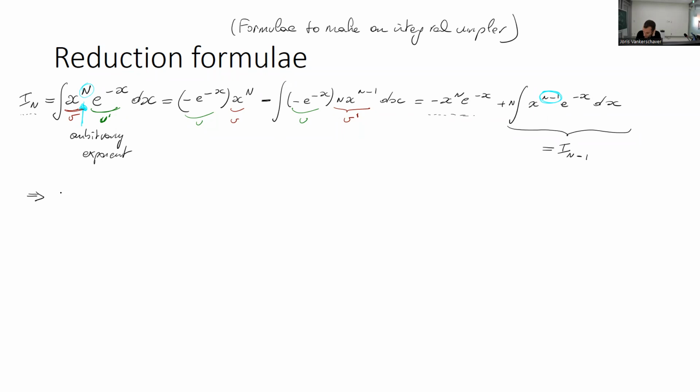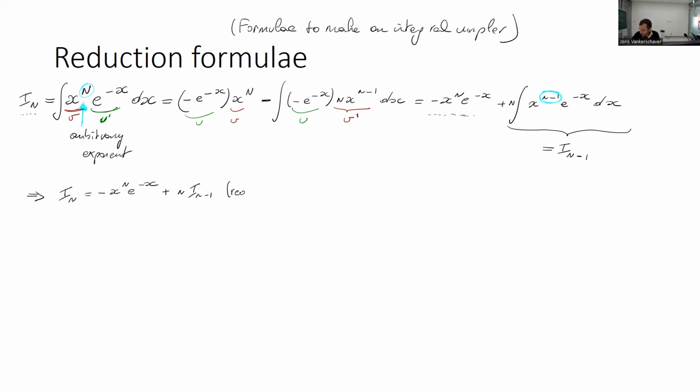Let's write it down by itself. We have that I_n is equal to minus x to the power n e to the minus x plus n times I_{n-1}.